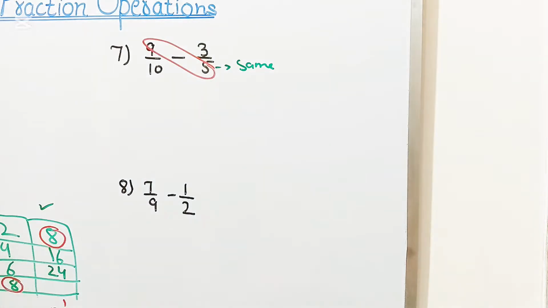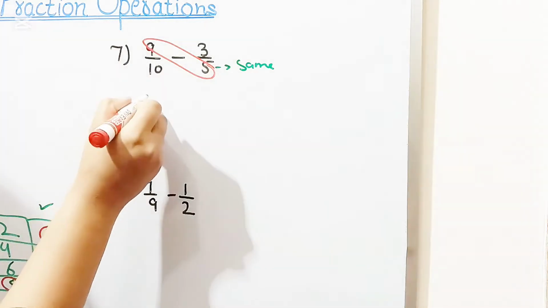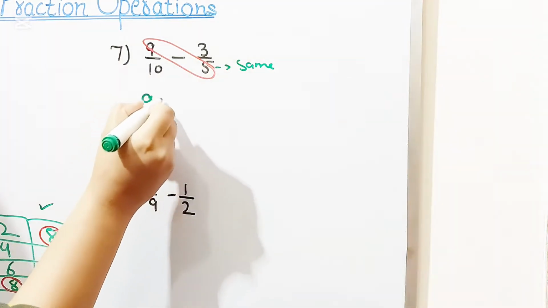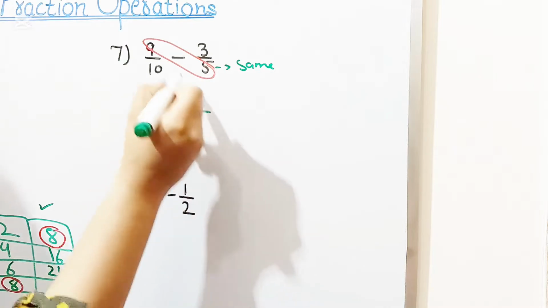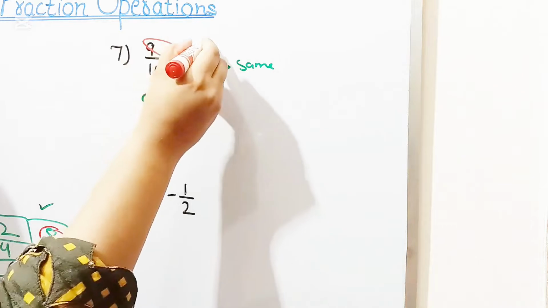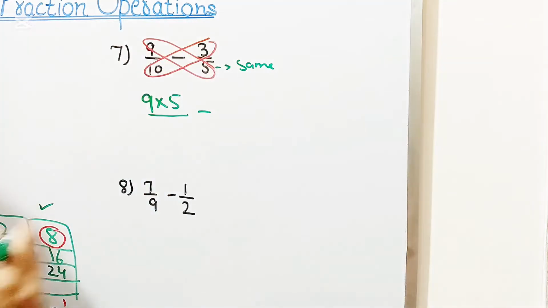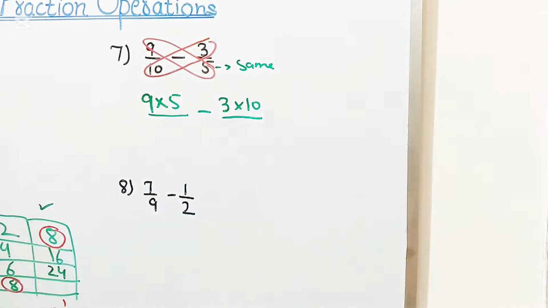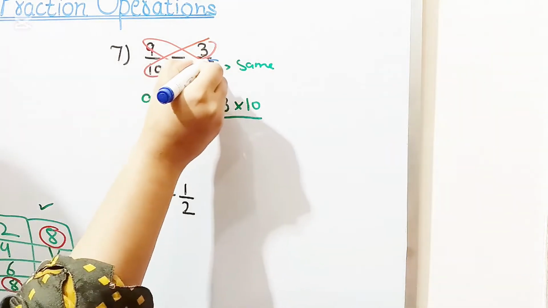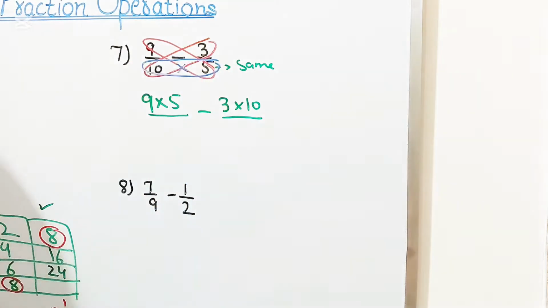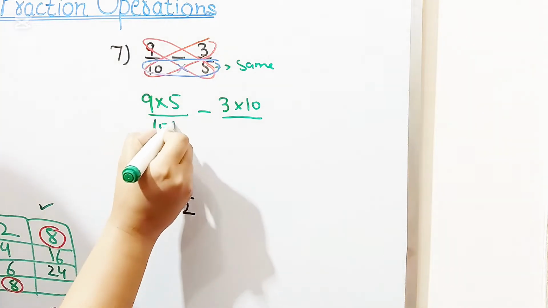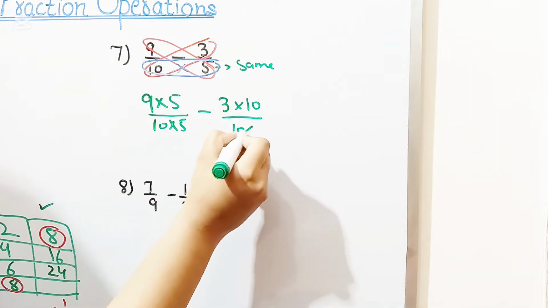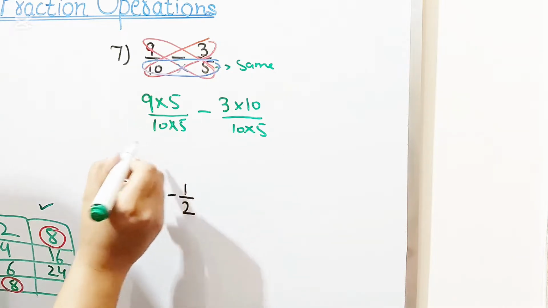Firstly, we multiply 9 with 5, minus 3 multiplied with 10, and then we multiply the denominators together. 10 multiplied by 5, 5 9s are 45.